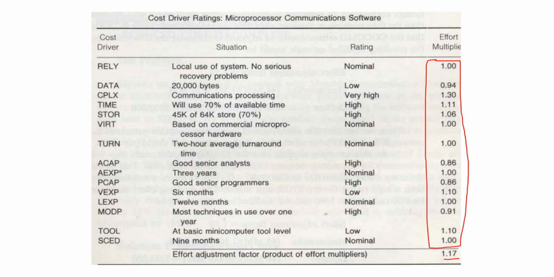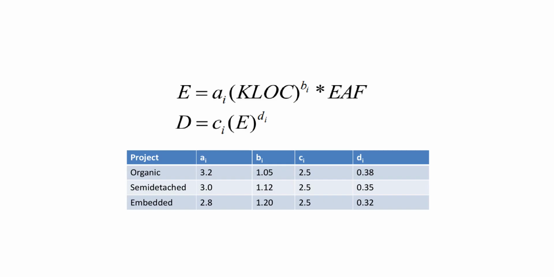Fine. So once you get this EAF, you have to multiply the effort that you have calculated from the empirical estimation model with this EAF value. So the formula will be E equals the initial value, there was a1 and a2 and b1 and b2, so this is ai and bi multiplied by this new EAF value that you have computed.